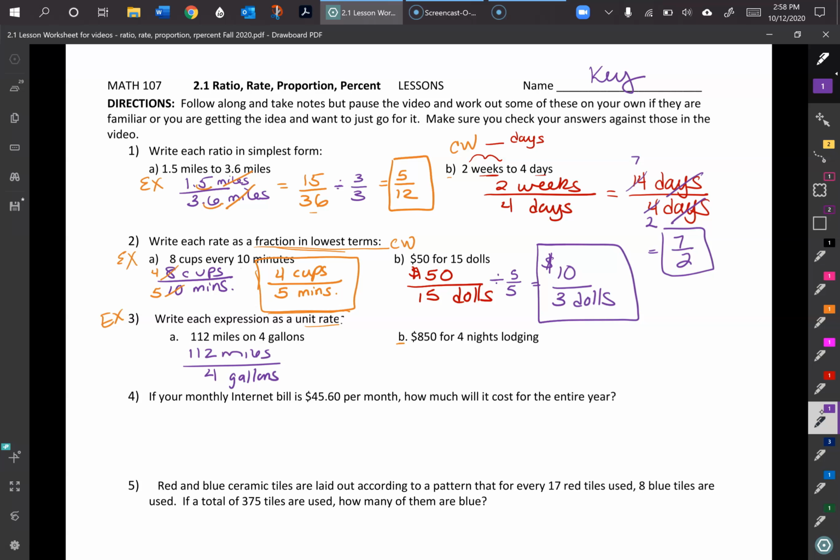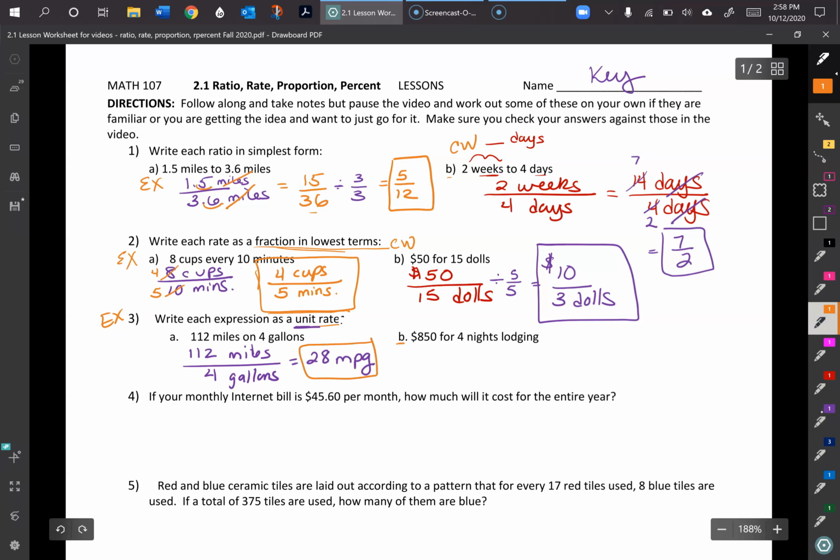For this particular question, it's asking about gallons, so I would want it as a unit rate. So I'm going to do 112 divided by 4, and then it comes out to be 28. And then it would be miles per gallon. And that's pretty typical for this. Once in a while, you might be asked to write that differently, but it's pretty typical that that's going to be as a unit rate.